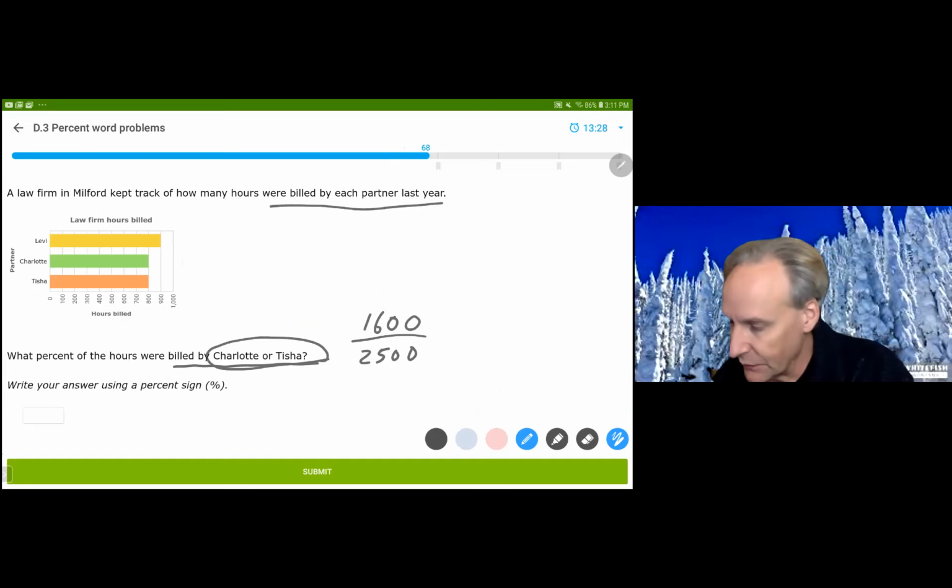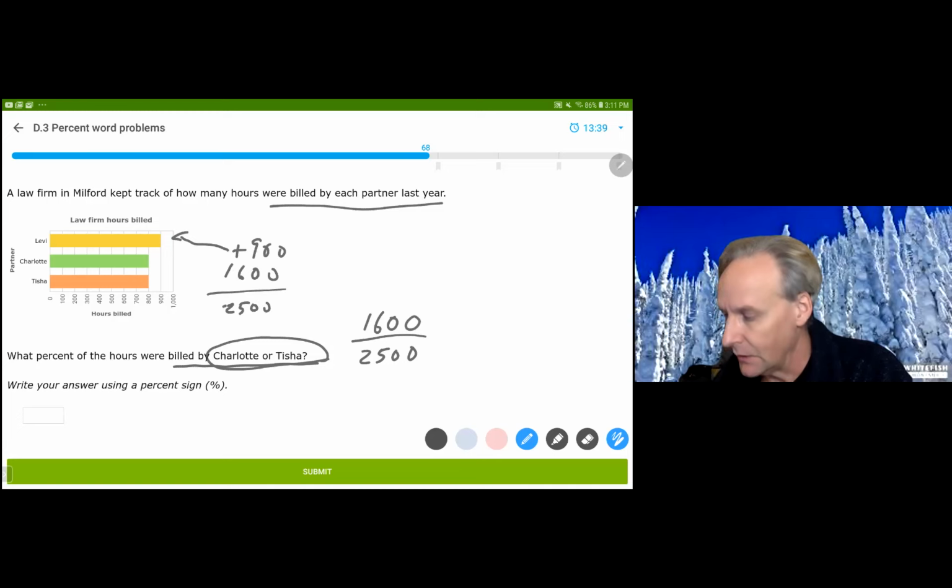If you didn't see what I did, I just added the 900 to that. I took the 1,600 plus the 900, and I got the 2,500 total. Now, I could divide this by 25, but there's a much easier way to do it, for me anyway, and that is to divide by 100. And I have 16 over 25.